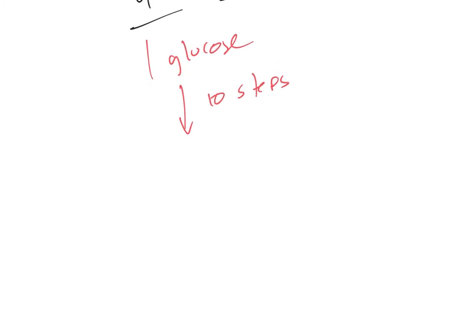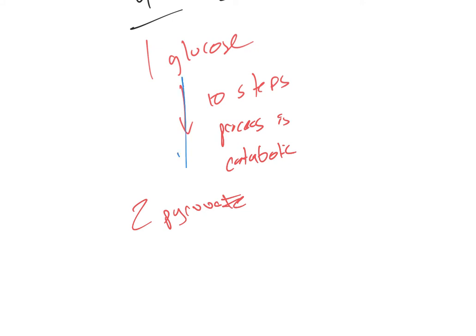The whole process is catabolic. And at the end, you have 2 pyruvate. So 1 glucose is split into 2 pyruvate. There are 10 different steps.